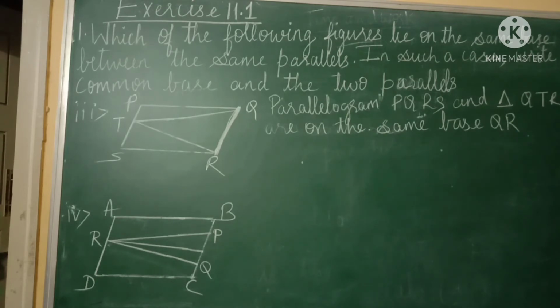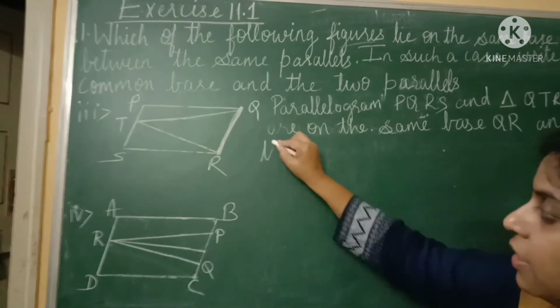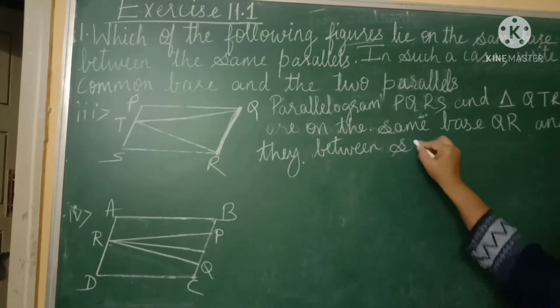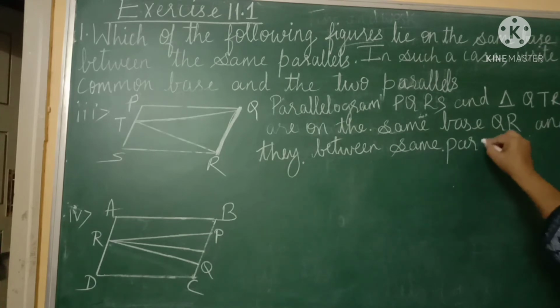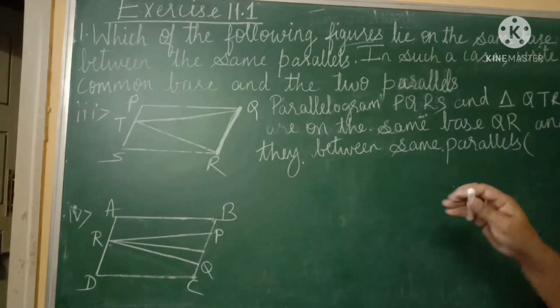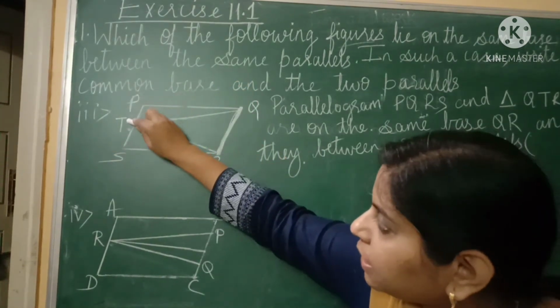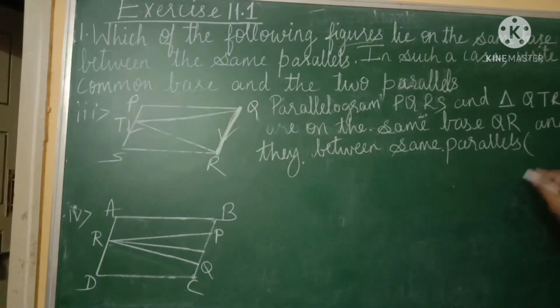Are they between the same parallels? Yes, and they are also between same parallels. Which are those parallel lines? You can see PS and QR. PS is parallel to QR. They are between the two parallels and they are on the same base, the triangle QTR as well as the parallelogram PQRS.